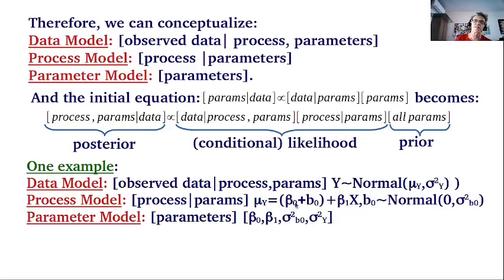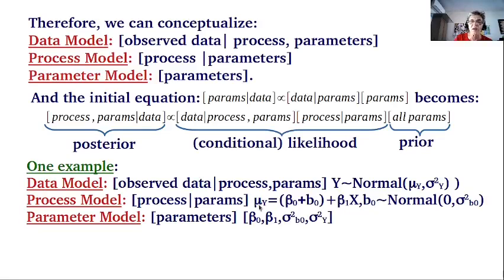This is determined by the intercept beta 0 and the slope beta 1. And let's say also that we have a group level effect. This is known as group level intercepts or random intercepts that are modeled as if they have a normal distribution with a mean of 0 and a given variance. So this is the process model.